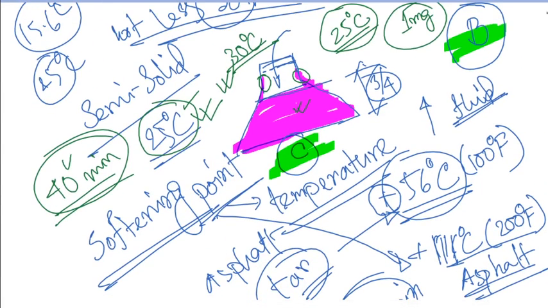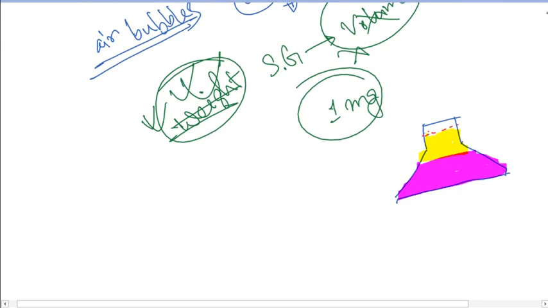The stopper we need to use whenever you are using a pycnometer. Unless you use this stopper, you will not get the proper weight. Just because the empty pycnometer was weighed along with this stopper, always use the stopper. So again we will be using the stopper, and any entrapped air, if it is there, will go outside while maintaining this.